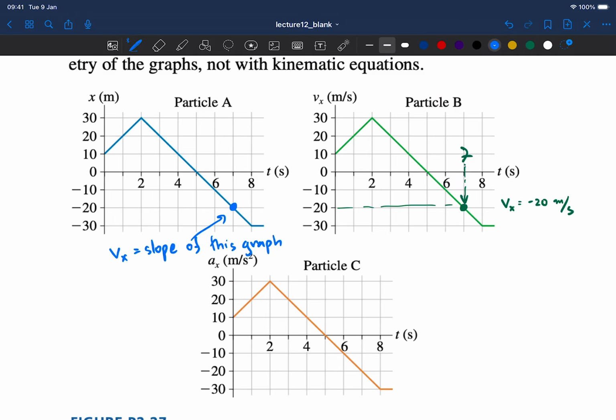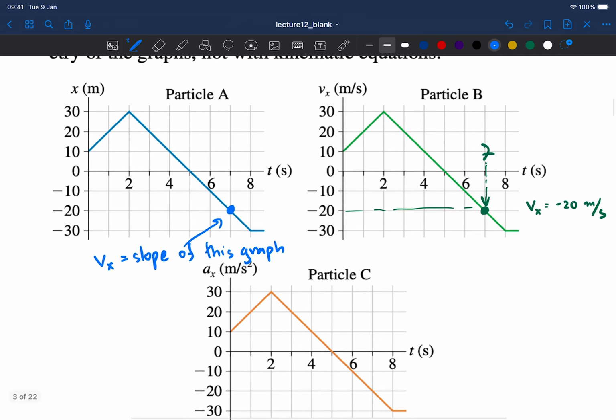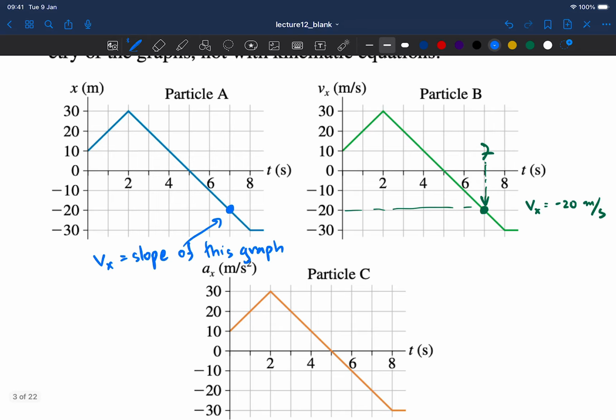You can take however large a right triangle to find the slope. I'm going to use this particular triangle here.